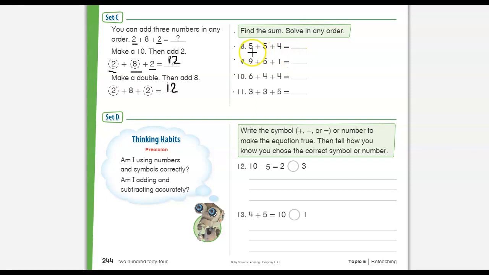Okay, for number 8, the answer we should have got was 14. Now, everyone may have solved a little bit differently. What Mrs. Collier would have done, I would have added together 5 plus 5, which gave me 10. Then I would add 4 more, 10 plus 4, 14.